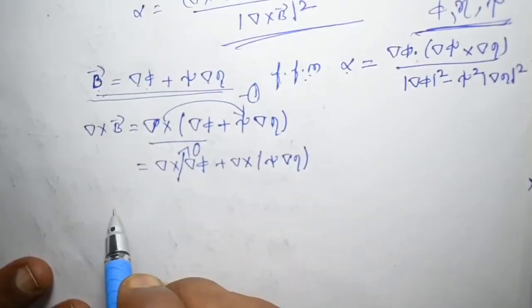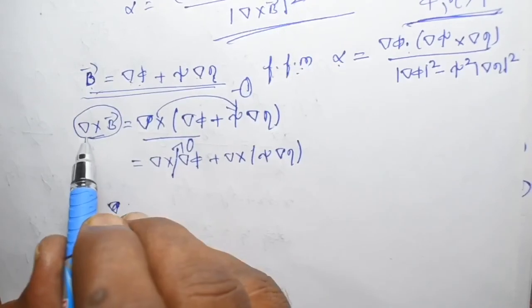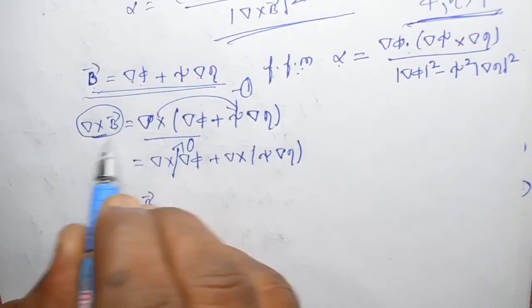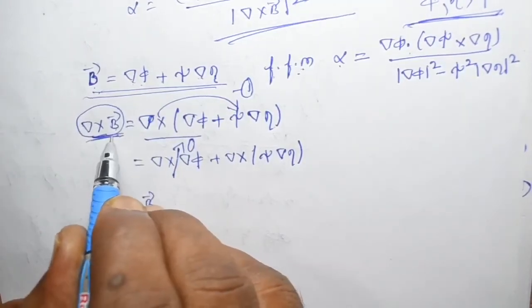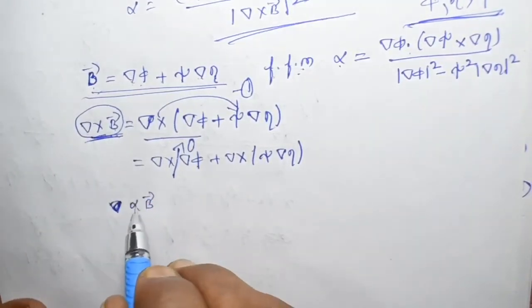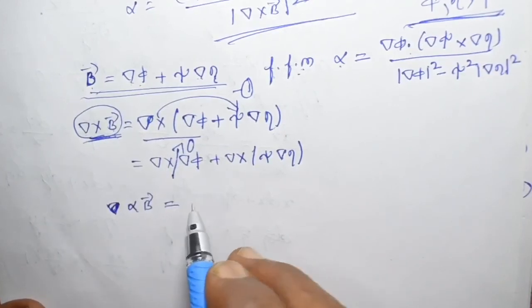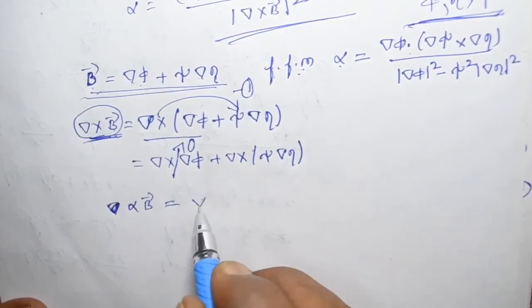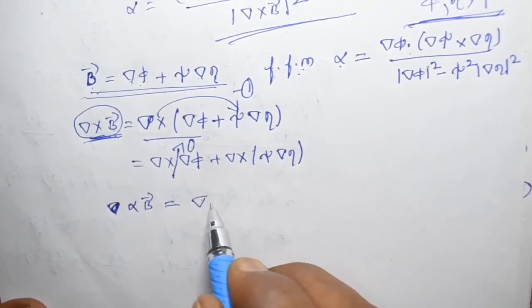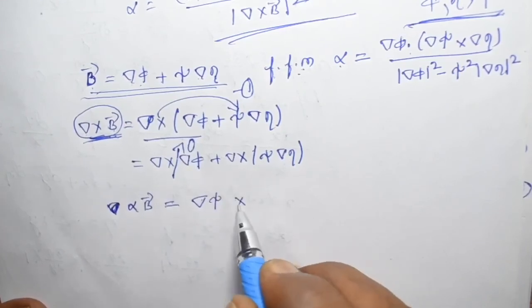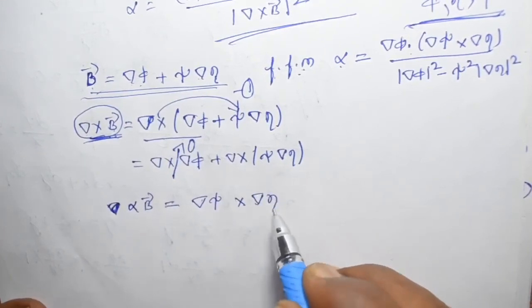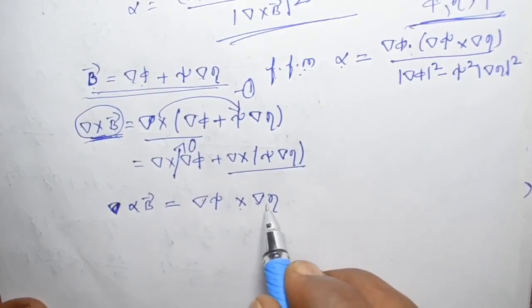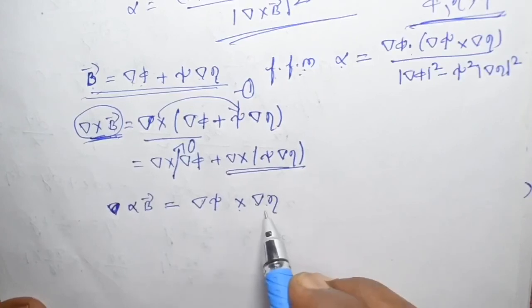Therefore, the remaining is, curl of B means alpha into B. From the basic equation of the force free magnetic field, curl of B can be written as alpha into B. This is equal to curl of chi into gradient of eta, which you can write as gradient of chi cross gradient of eta, by expanding this.